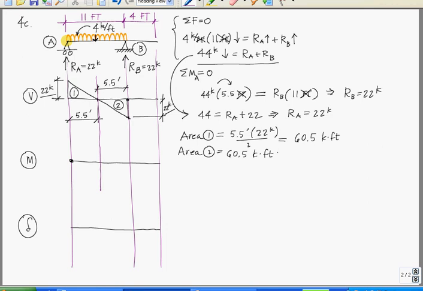So let's consider between point A and this midpoint. This area of the shear diagram is positive because it's above the 0 line right here. So therefore, we have to go up in moment 60.5. Same thing on this end, it's negative, so we have to go back down 60.5. Over here on the end, we don't have any shear, so also we don't have any moment.